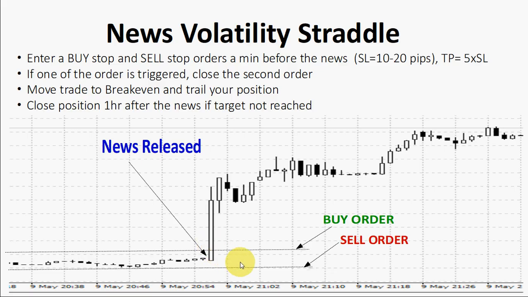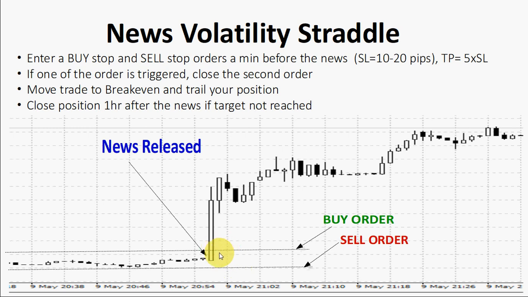If this has been triggered, cancel the sell trade. Stop loss could be 10 to 20 pips. Your stop loss, actually use the difference between these two orders as your stop loss. So the buy is the stop loss for the sell and the sell is the stop loss for the buy. So it means you have actually hedged these two orders.